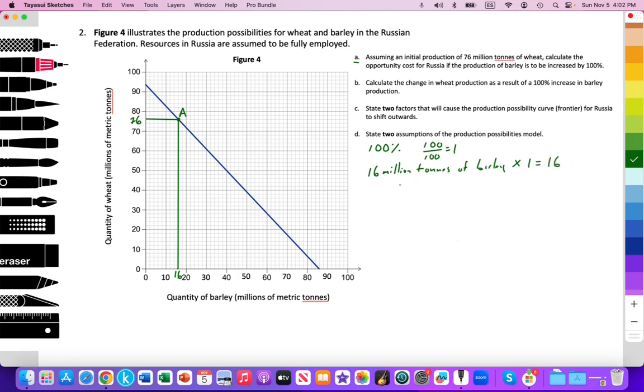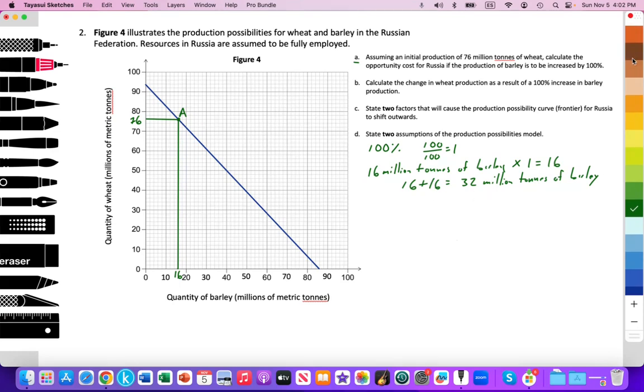Effectively, I'm going to increase production from 16 to 32 million. So 16 plus 16 will equal 32 million tons of barley. So I have doubled my barley production.